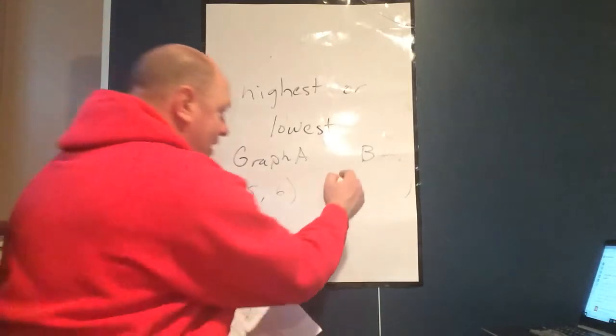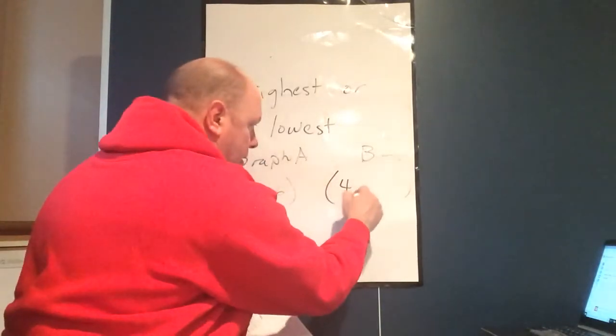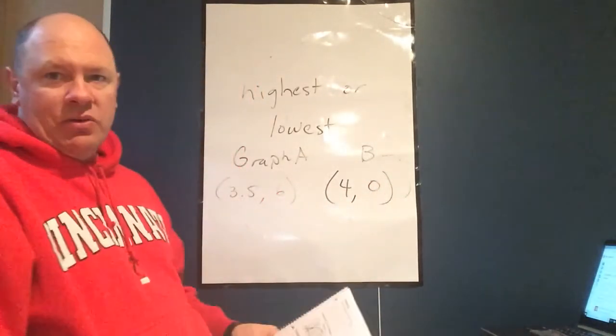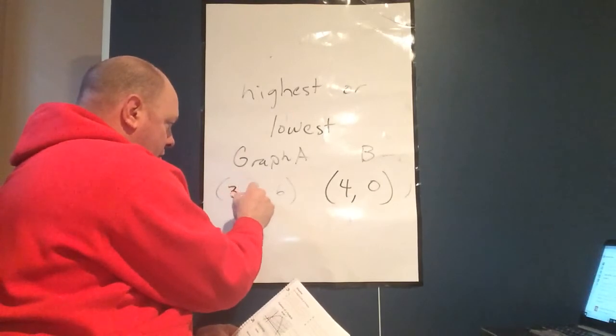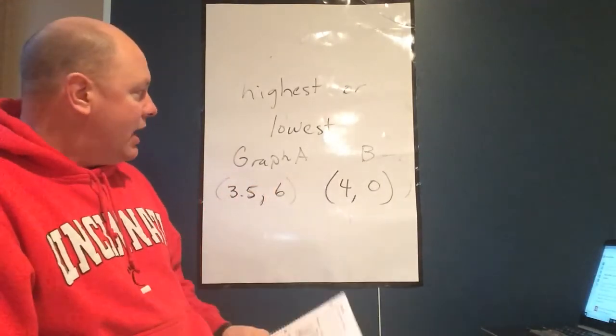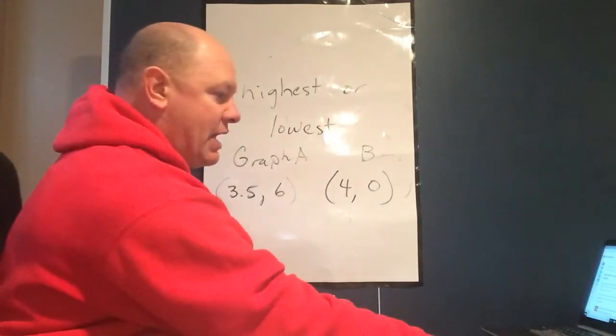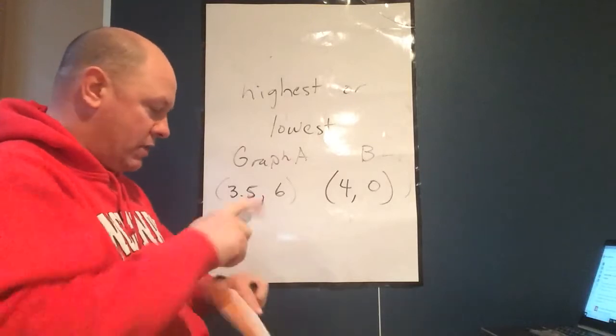For graph B, we're looking at 1 point, and it looks like it's 4 and 0. So 3.5 and 6 for graph A, and graph B you're looking at 4 and 0 as your values.